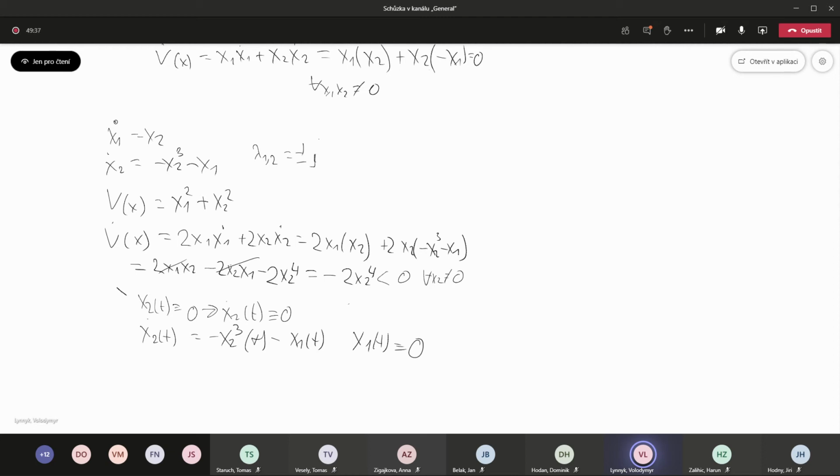And then we prove the global asymptotic stability of the system.